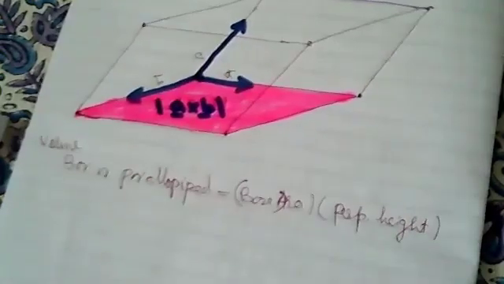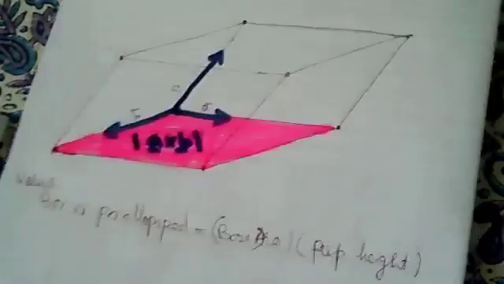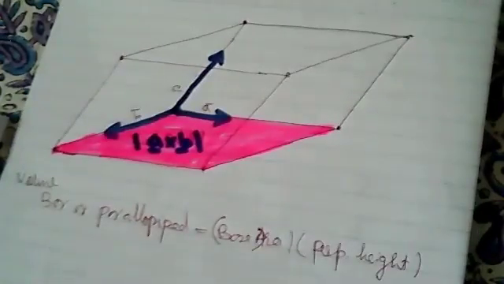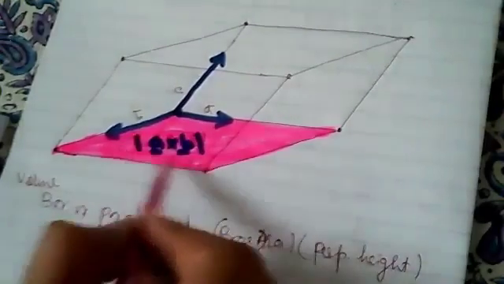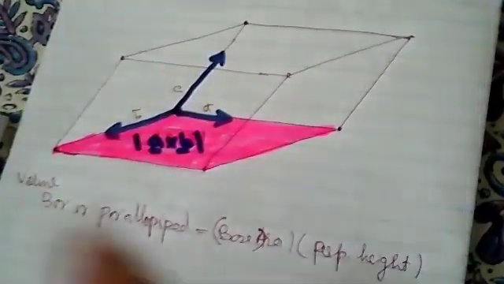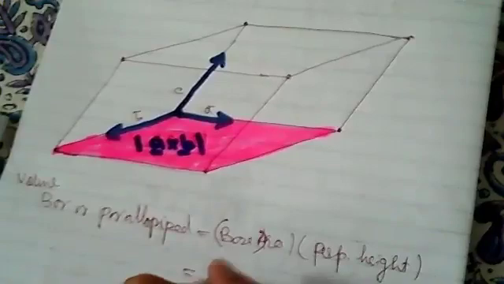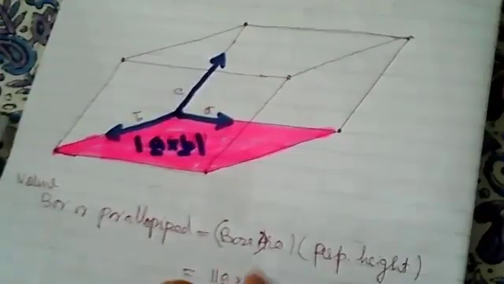So this is the formula for the parallelepiped. The base area is this one, the magnitude of A cross B.